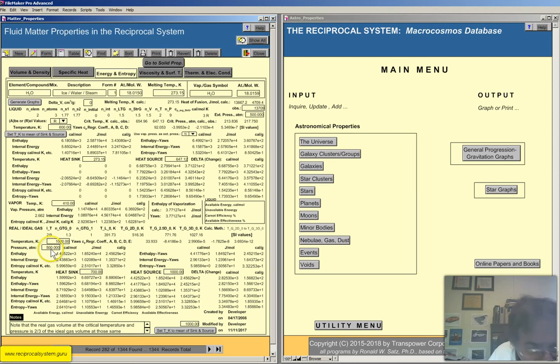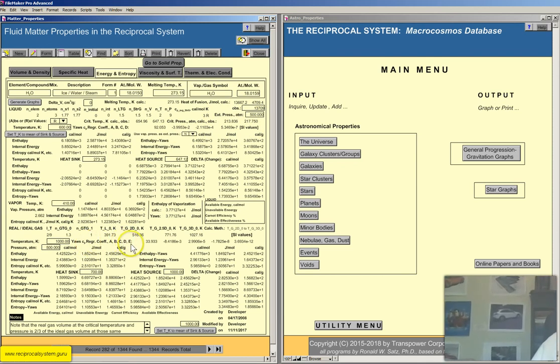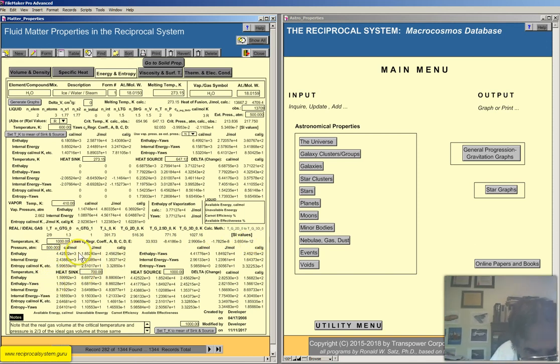In this case, same 500, or 500 up there. We have the Yaws regression coefficients for the gas here. Again, it comes in from the other screen, and then we have the calculations. Cal per mole K, joule per mole K, cal per gram. This enthalpy, internal energy, entropy, cal per mole K, etc.